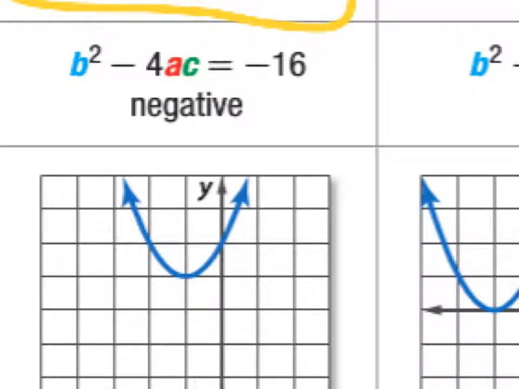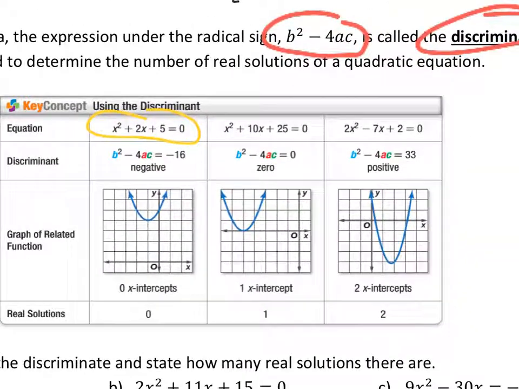Now that negative 16 is a problem because the discriminant is inside of the radicand. Well, we are not ready for imaginary numbers or square roots of negatives. Not ready for that. So that means we can't really have any answers, which means that our graph here, our parabola, cannot intersect with this x-axis ever. There are no x-intercepts, there are no real roots.